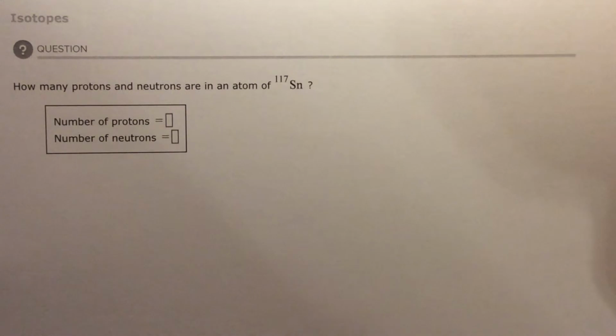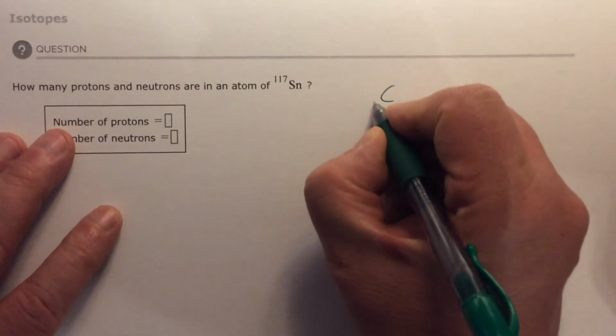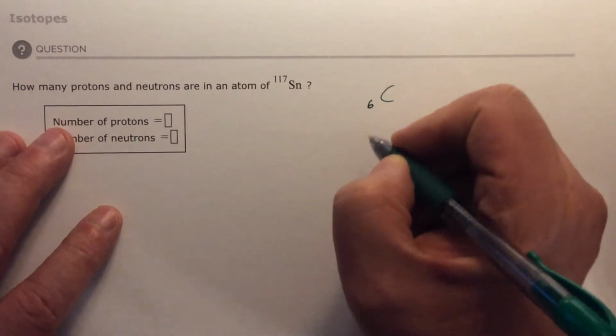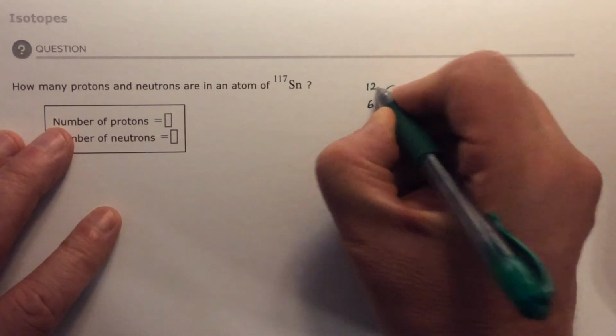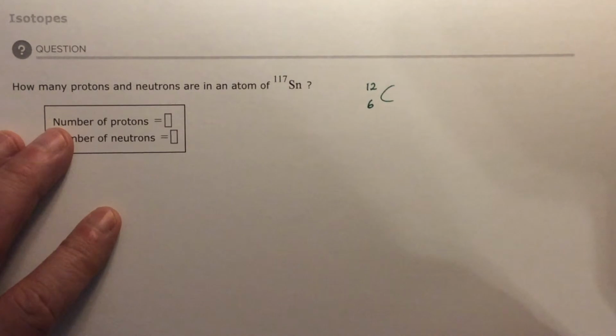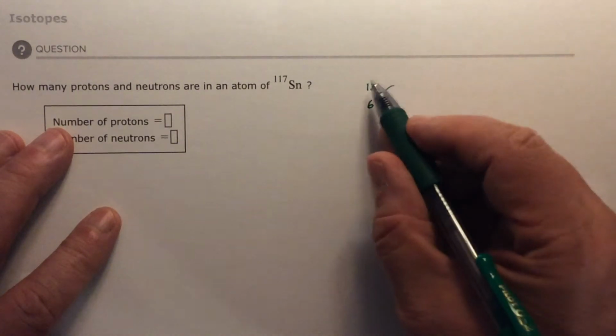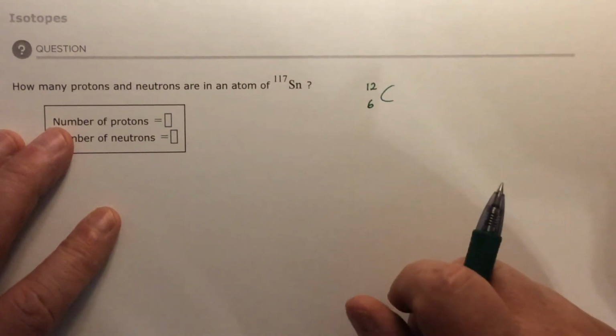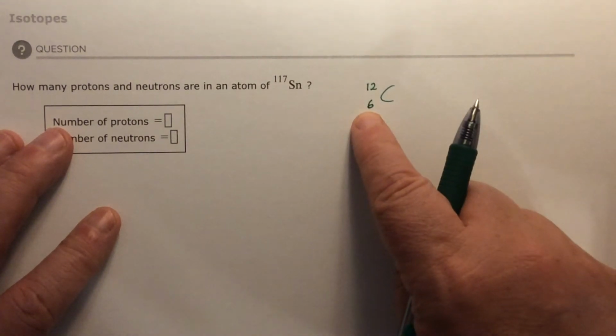You can have, for instance, carbon, and it's normally written this way, carbon with 6 as the protons, and then 12 is its mass number. On our periodic table, it's in red, and it is the sum of protons plus neutrons. So here is the atomic number.